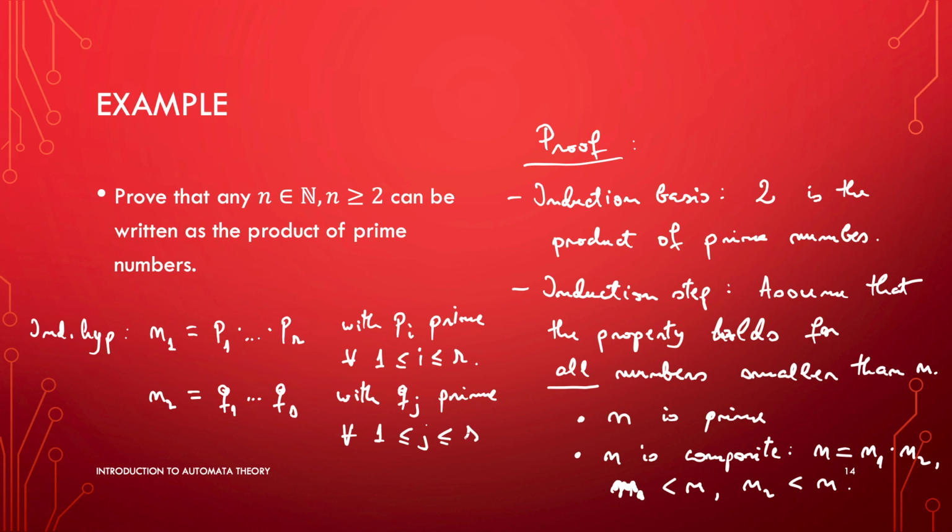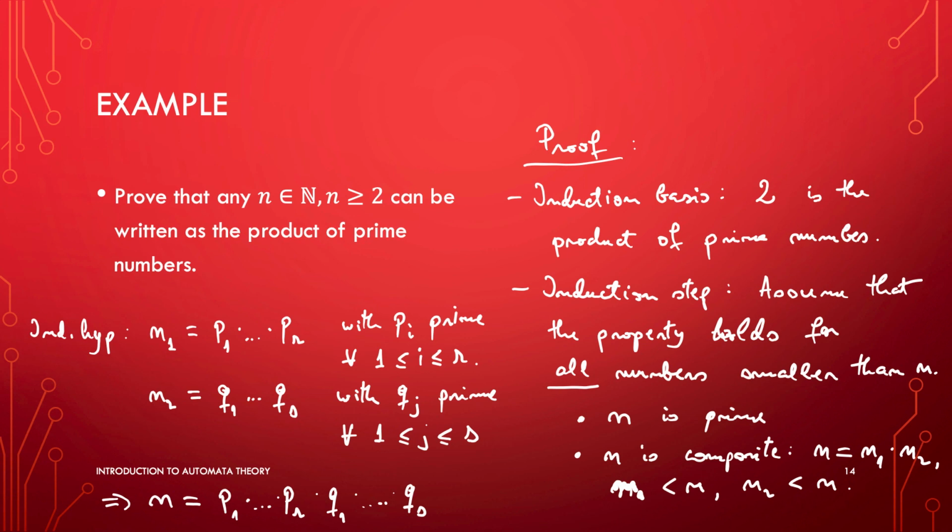And so there we have it. Since n1 and n2 are these products, then obviously what this implies is that n, because n is n1 times n2, is exactly this product of prime numbers. It's p1 times up to pr times q1, all these numbers multiplied all the way to qs. And so there you have it. We have that n is a product of prime numbers.